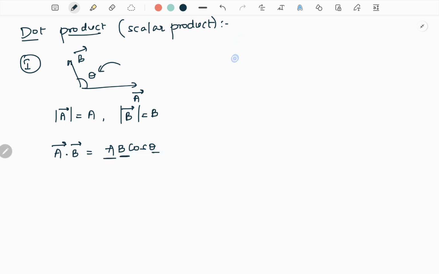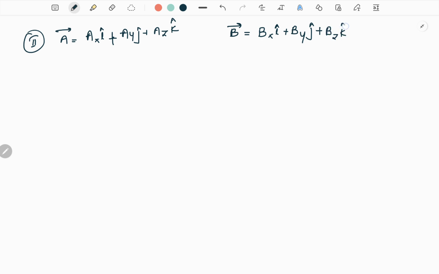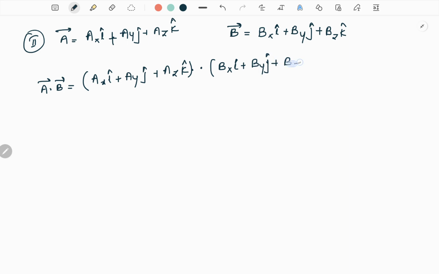What if, in the second method, instead of giving the magnitudes, the two vectors whose dot product has to be found are given in terms of their components? If the vectors are written as a sum of components, ax i cap plus ay j cap plus az k cap, and bx i cap plus by j cap plus bz k cap, then a bar dot b bar is the dot product of these.